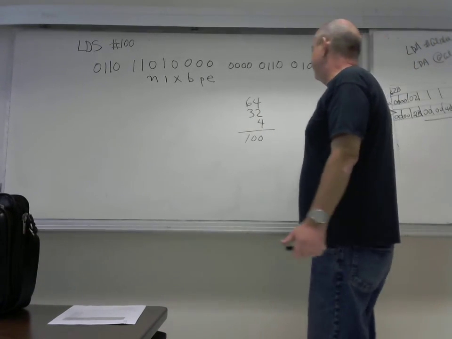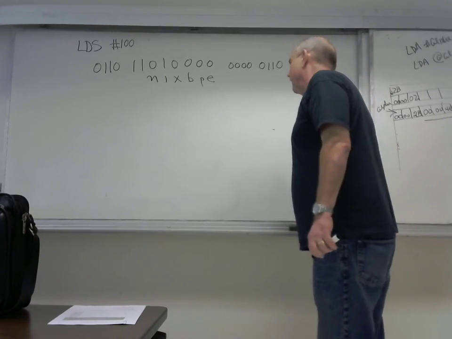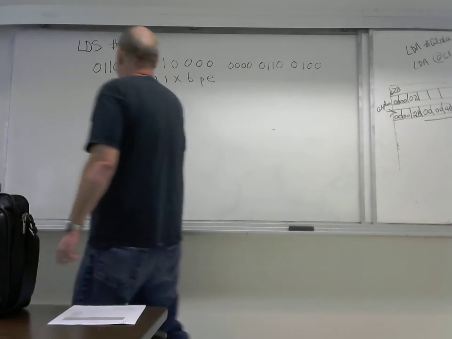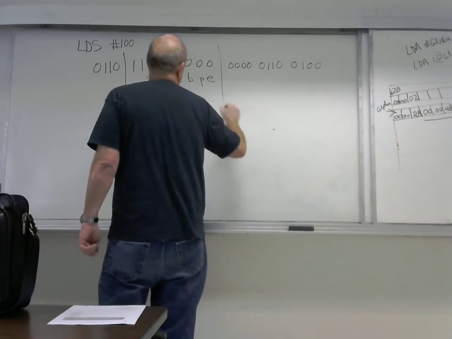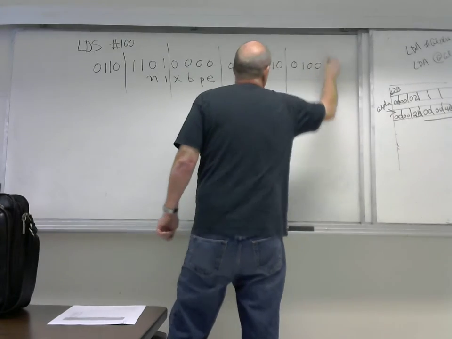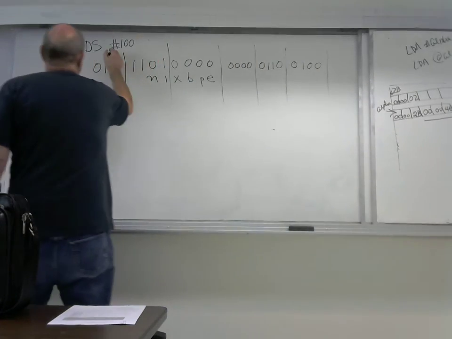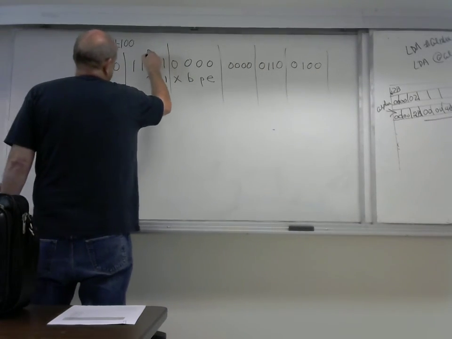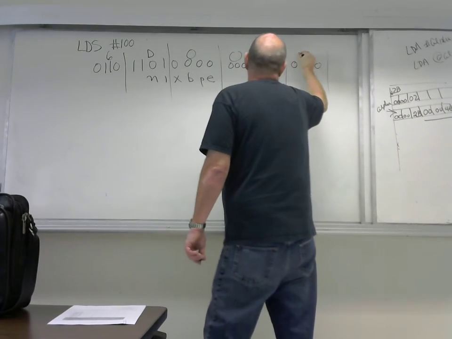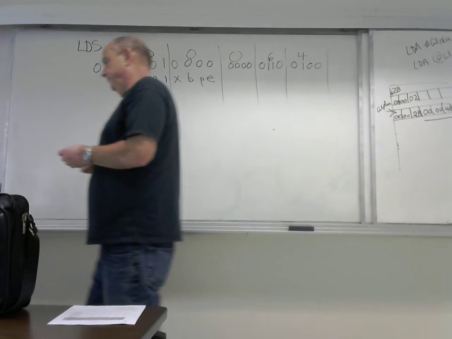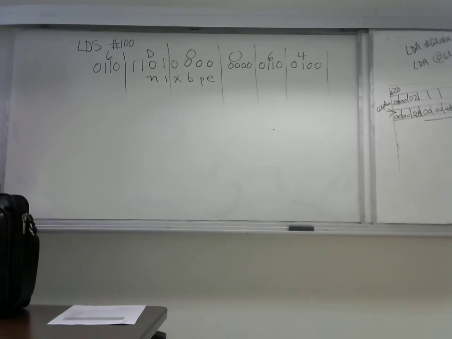So then when we group into 4s, get our nibbles, and we have 6, D, 0, 0, 6, 4. And that is the machine code for the next one, 6D0064.